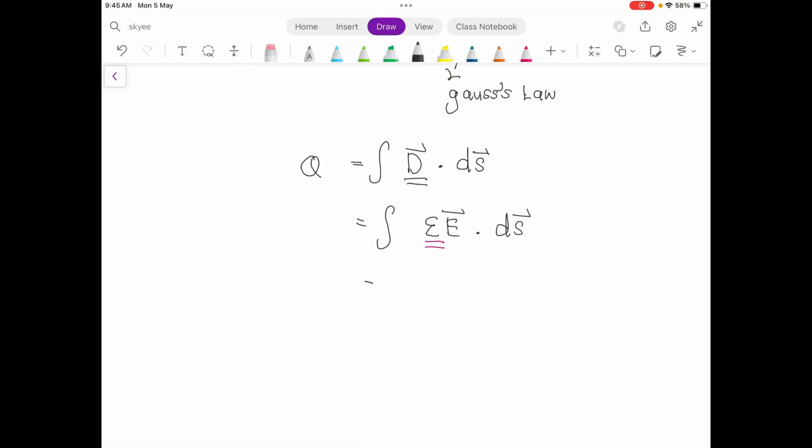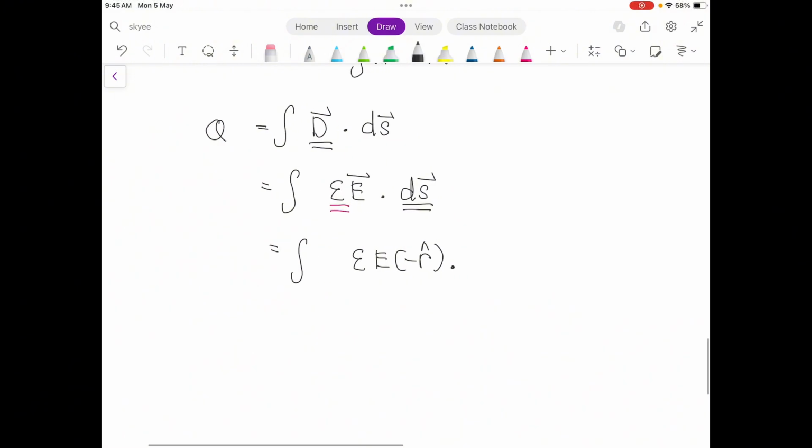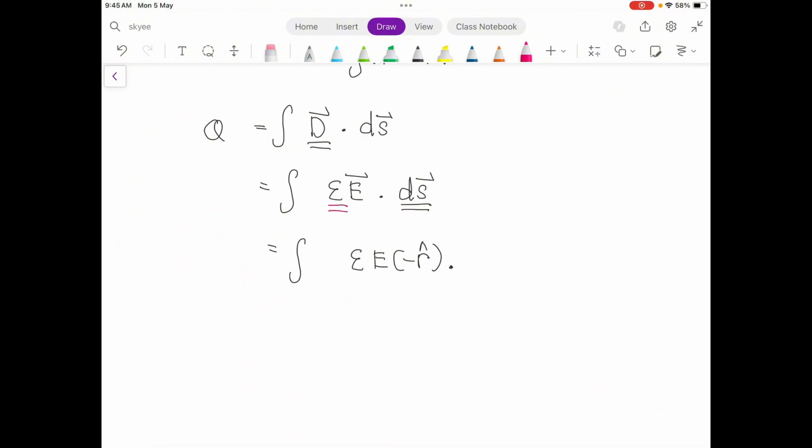So over here it will be the integral of epsilon, you write down the E in the negative r direction, dot product with ds. You can refer to the formula sheet that I shared. The ds for the cylindrical coordinate system is equal to r d phi dz in the r direction.